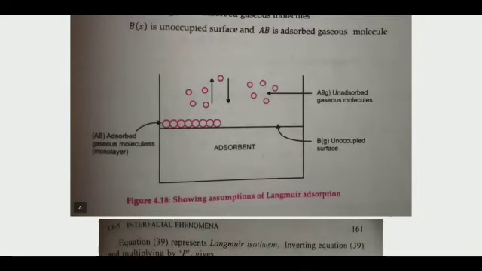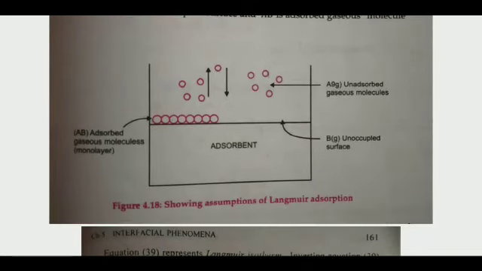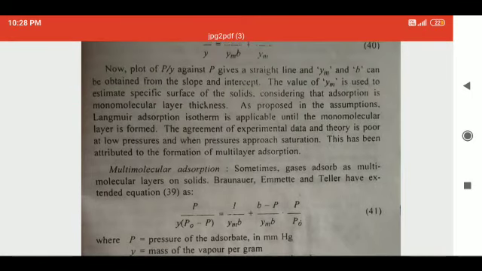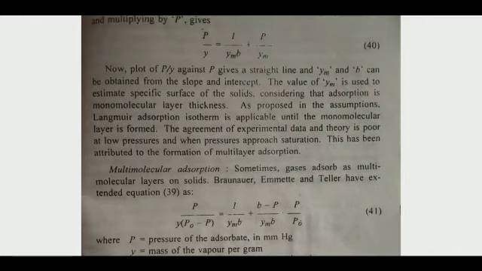By observing the following diagram, it contains adsorbent. The gaseous molecules are adsorbed on the surface of the adsorbent. It has some unoccupied surfaces and also unadsorbed gaseous molecules present on the surface of the adsorbent. The proposed Langmuir adsorption isotherm is only applicable when a monomolecular layer is formed.